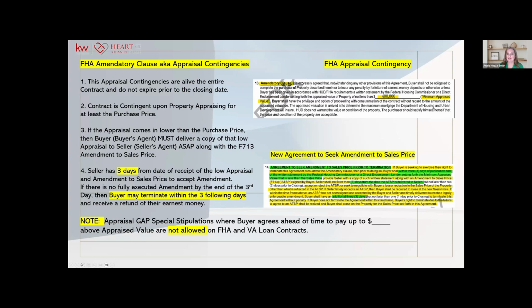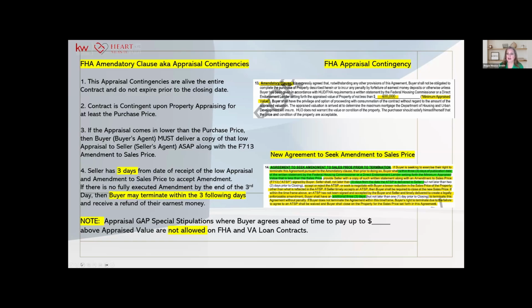Buyer shall have the privilege and option of proceeding with consummation of the contract without regard to the amount of the appraised value. In other words, if it appraises low and the buyer has the extra cash, they have a right to pay the difference and still close on the property. That is their prerogative. The appraised valuation is arrived at to determine the maximum mortgage the Department of Housing and Urban Development, aka HUD, will insure.